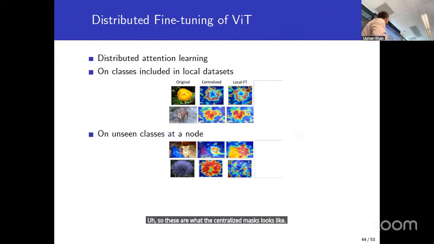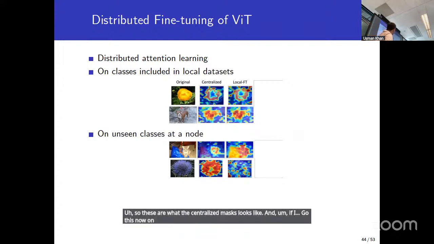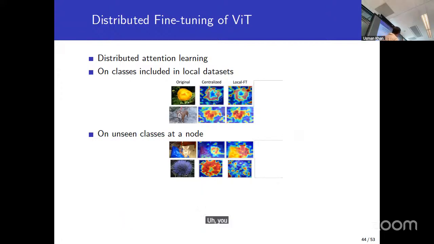And now on the local data set, so this is centralized, and this is the result of local fine tuning where you don't see any other data. And you can see that on unseen classes at a given node, the attention mask that is learned by the local model is pretty much all over the place.